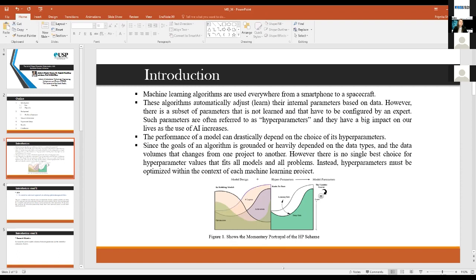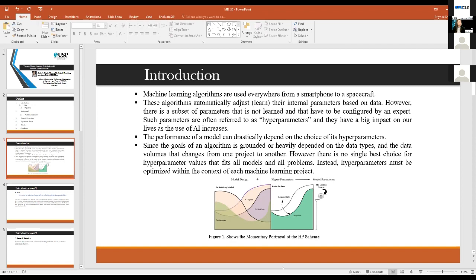However, there is a subset of parameters that is not learned and has to be configured by an expert. Such parameters are referred to as hyperparameters, and they have a big impact on our life as we use AI in our daily activities. The performance of our model can drastically depend on the choices of our hyperparameters.